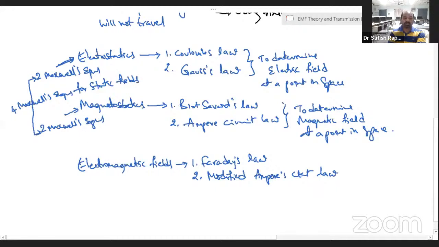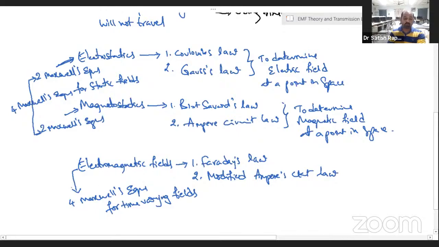And again, in electromagnetic fields, we will define another four Maxwell's equations, and these are for time varying fields.